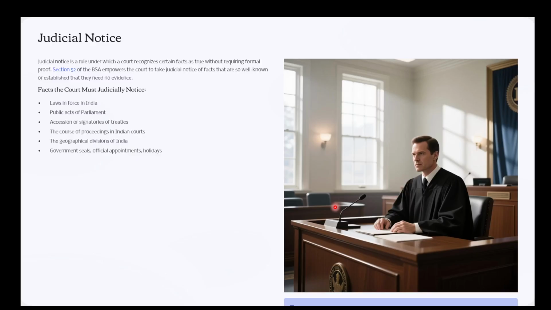The following facts are: laws in force in India, public acts of Parliament, accession of signatory of treaties, the course of proceedings in Indian courts, the geographical divisions of India, government seals and official appointments, holidays. So these come under judicial notice.